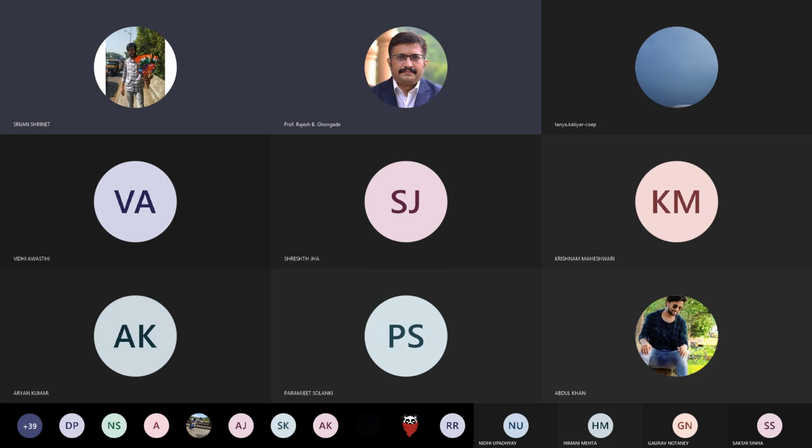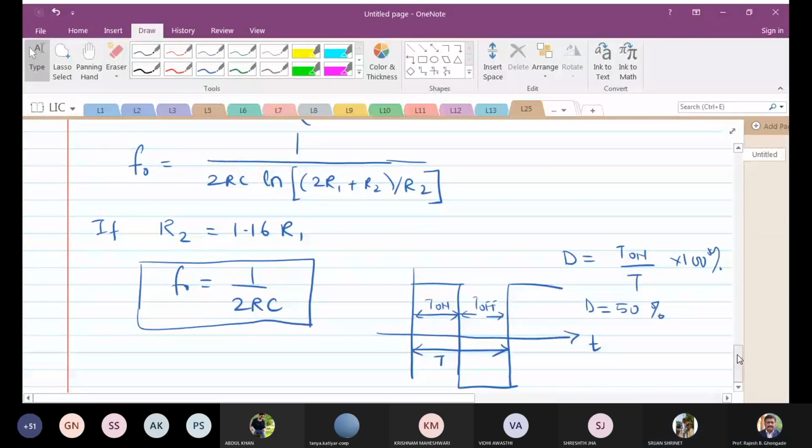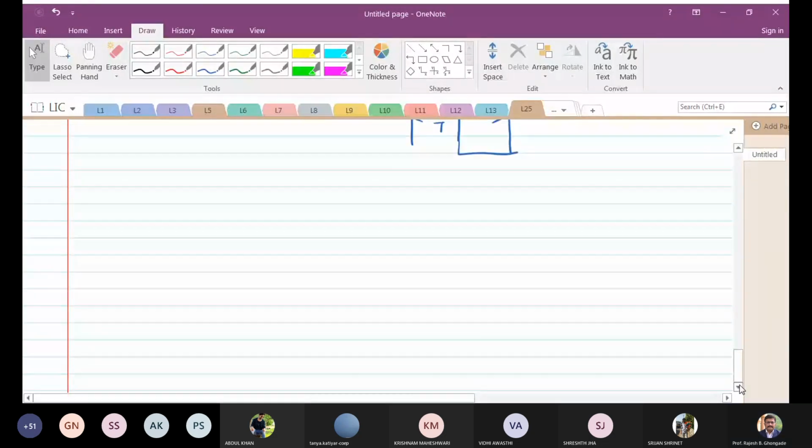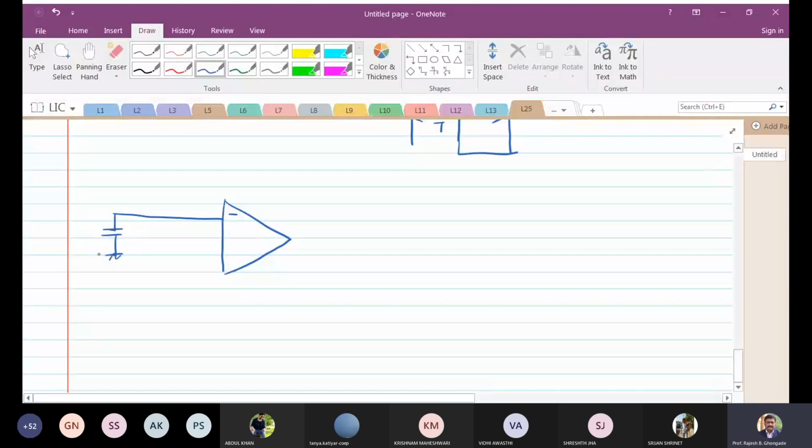Okay. Now, suppose you want a flexibility to change the duty cycle, what will be the modification to the circuit? The modification will be something like this. Try to think of it in this way. This is our capacitor.